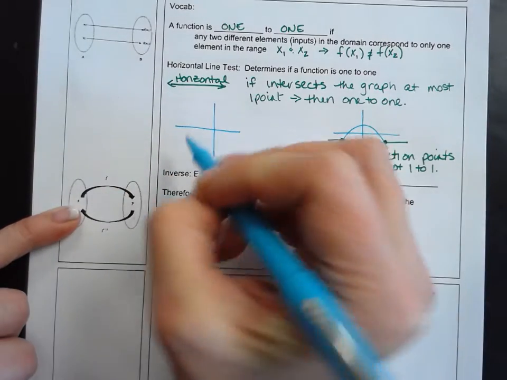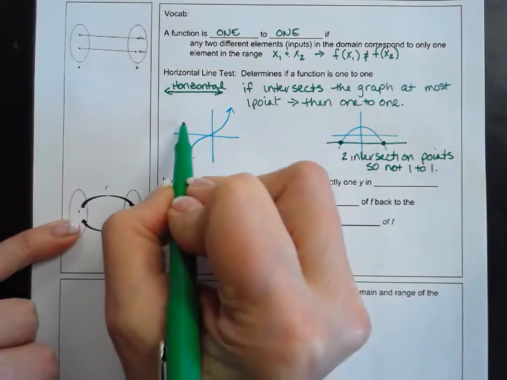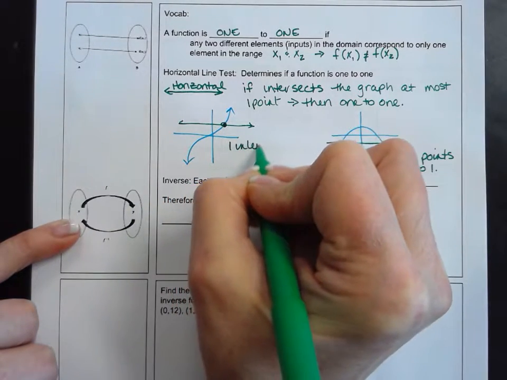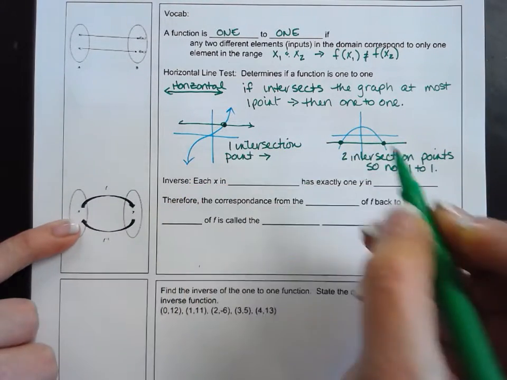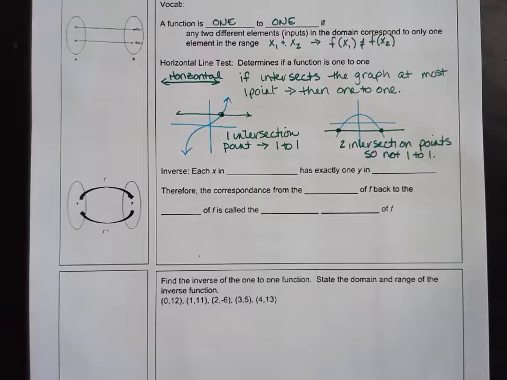However, if I have a graph that looks maybe like this, and I do a horizontal line test anywhere, and we have one intersection point, so it is one-to-one. Are we good?